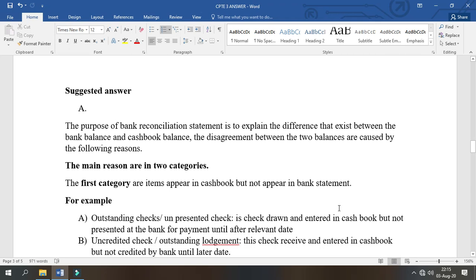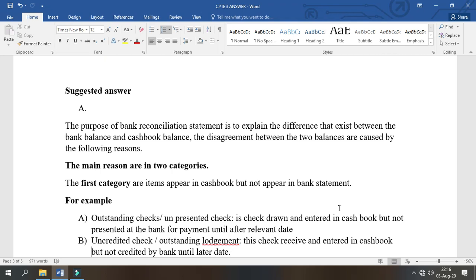Another example of an item that appears in the cash book but not in the bank statement is the uncredited check. The uncredited check is also called an outstanding lodgement. This check is received and entered in the cash book.